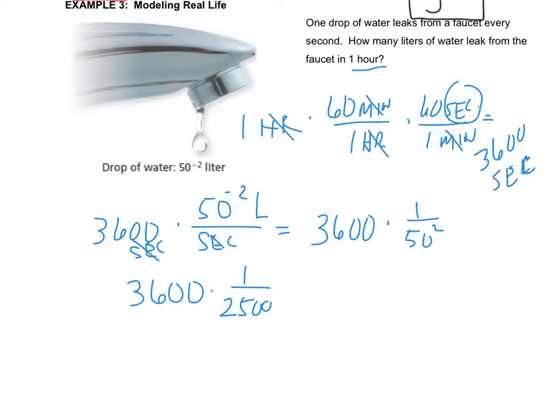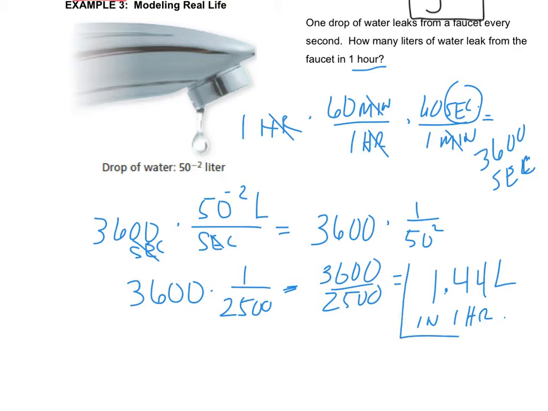And then we just got to figure out, well, how much do we want to simplify this? If I multiply that through, I get 3,600 over 25, which basically becomes 1.44 liters. So our answer basically is that there are that many liters in 1 hour leaking from the faucet.